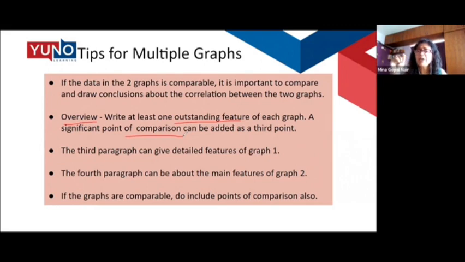So you can have one point about each graph, and a third point where you are comparing the two. The third paragraph can give detailed features of graph 1. The fourth paragraph can give detailed features about the second graph. And as I mentioned earlier, if they are comparable, include points of comparison also. So these are some broad pointers with regards to multiple graphs. Any questions about this?